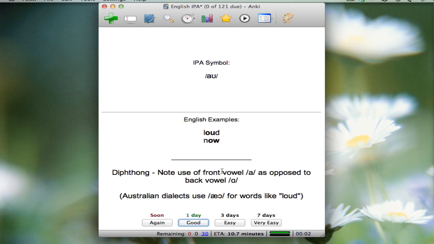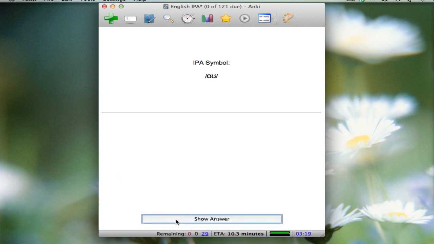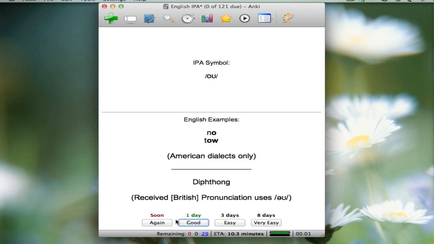Ow is in loud or now. Australian dialects, this is really hard because I just don't speak Australian well enough, but still, there's a more ah sound to it. O, in general, this is covered in a later card, but the Americans will say no, toe, and Received British Pronunciation uses o with this little schwa again.